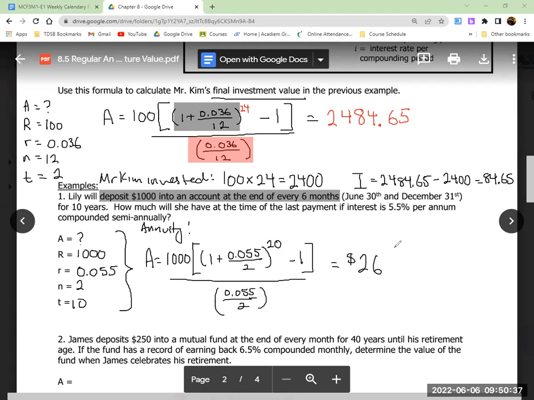I got 26,197 and 40 rounded, so 40 cents. Anyone got the same thing as me? It could be me doing it wrong. Let's try it one more time and see if Keely is right too. I could be wrong. Let's see you work through the calculator.